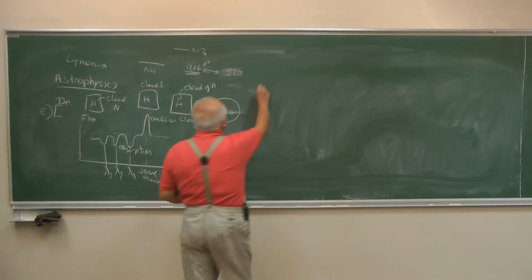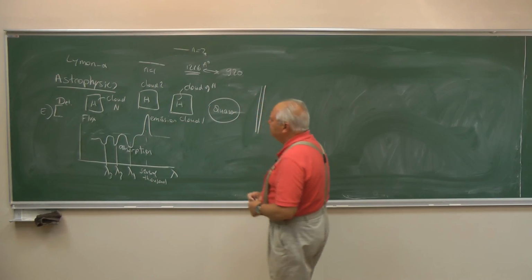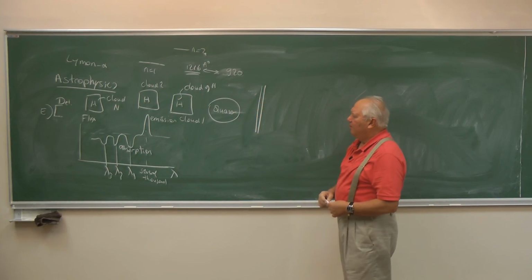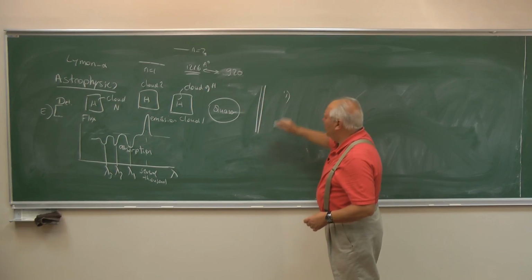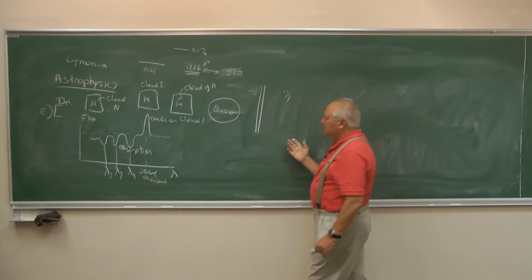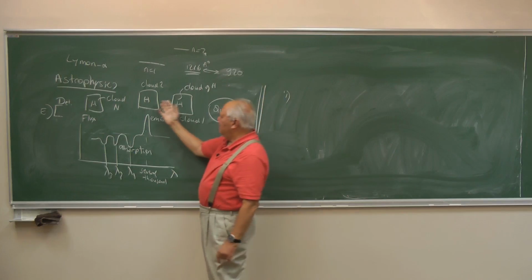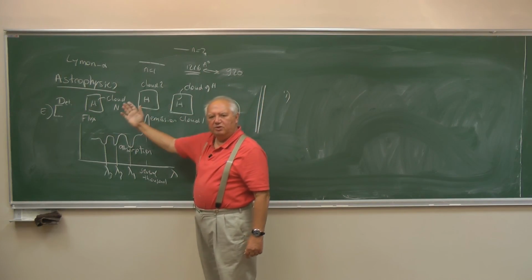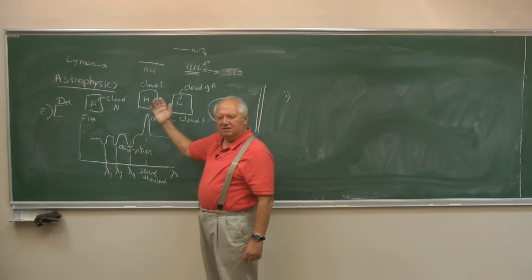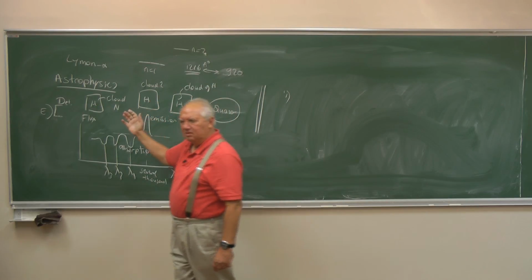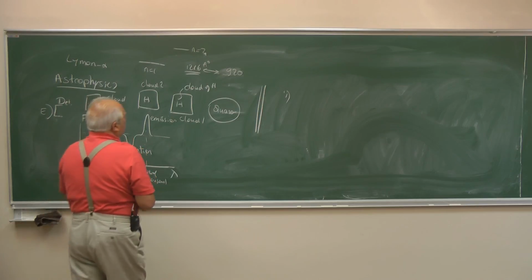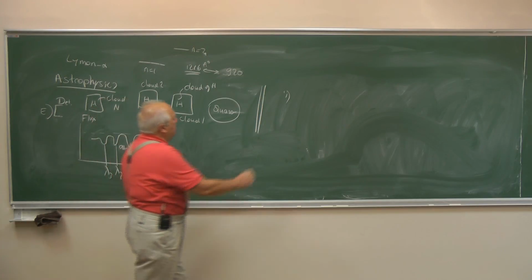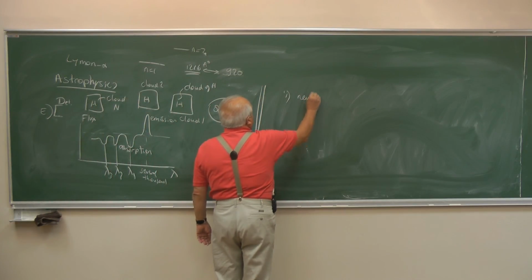What do we hope to learn from this? First, we learned that hydrogen exists in the universe in lumps. It's not a uniform distribution. So this is neutral hydrogen.